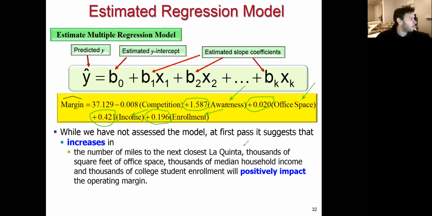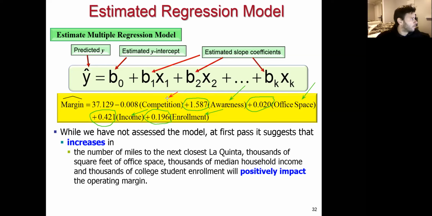Because of that, we know increases in those things will push operating margins up, and decreases in those features will push operating margins down. Now, you'll notice there is one factor here, and it's a familiar one. We saw this before, that is negatively associated with the operating margin, and that is the quantity of competition.